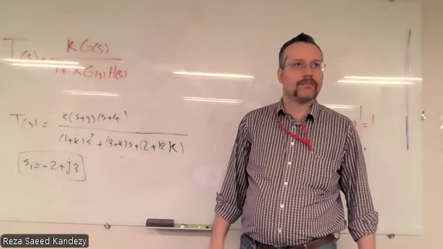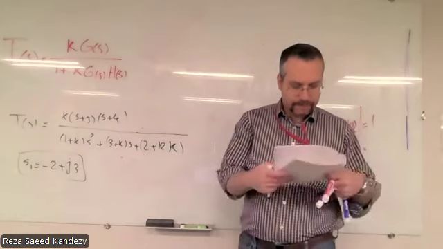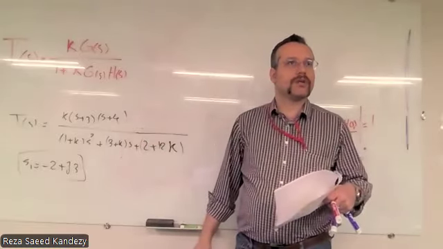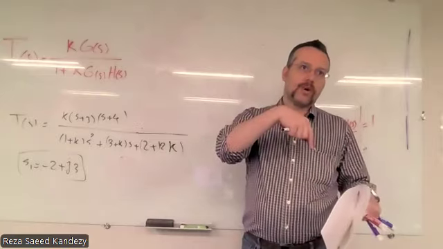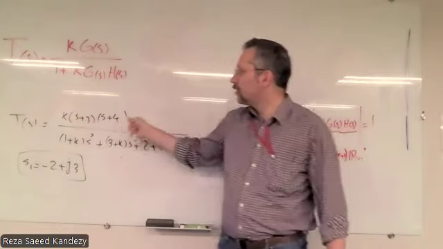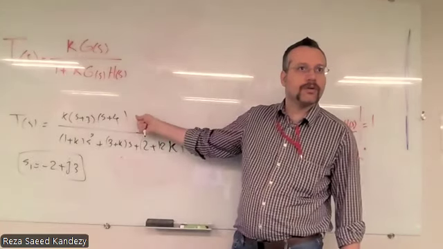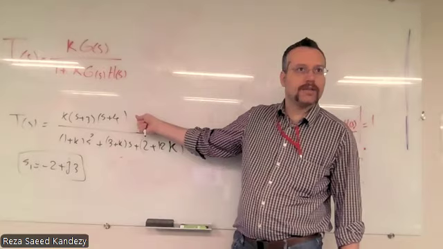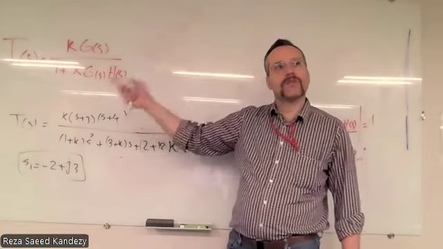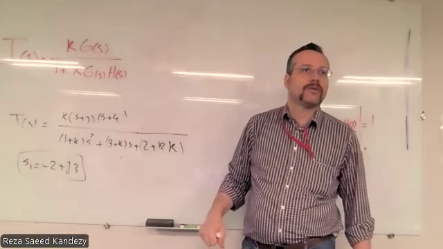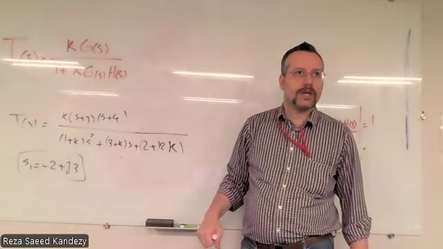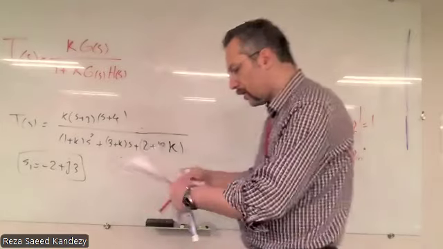What would be the theta of the result? We already covered that. If you want to find the theta of the result, that means you have to find the theta of the numerator minus the theta of the denominator. Do you remember that? It was the summation of the theta of the numerator minus the summation of the theta of the denominator. Okay, so we can run the analysis.